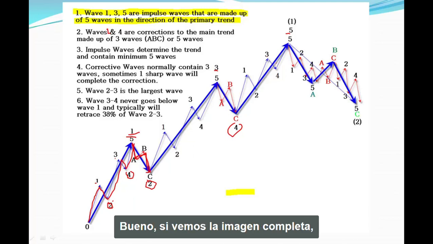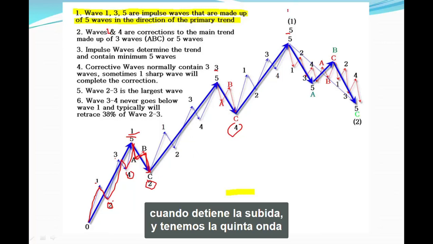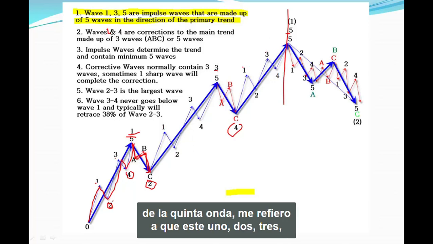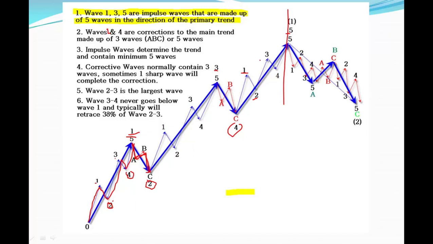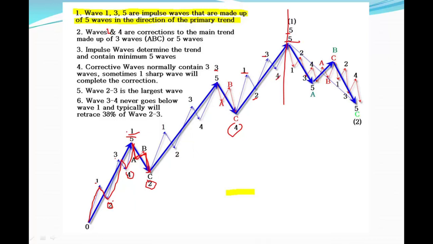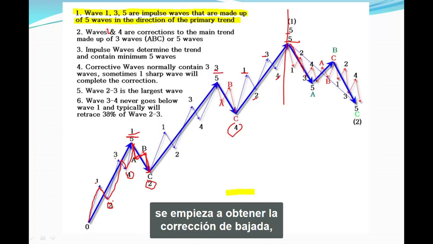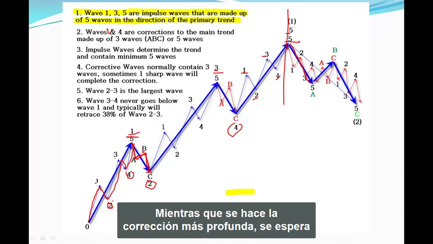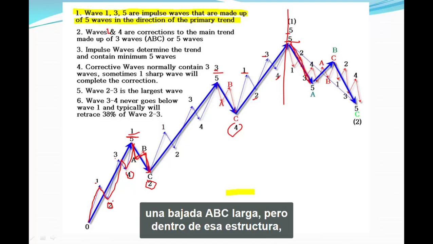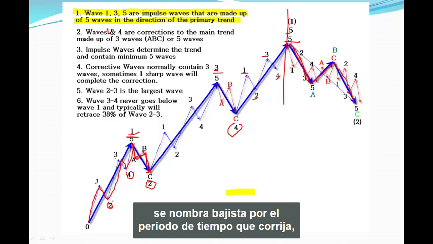Well, if we take a look at the bigger picture, the market has these bigger picture moves. When it stops going up and we have the 5th wave of the 5th wave, meaning that this 1, 2, 3, 4, 5 is completing at the same time as the larger term 5, you start to get the correction down, a much deeper correction. In a much deeper correction, you're expecting a large ABC down, but within that structure, it turns bearish for the period of time where it corrects.